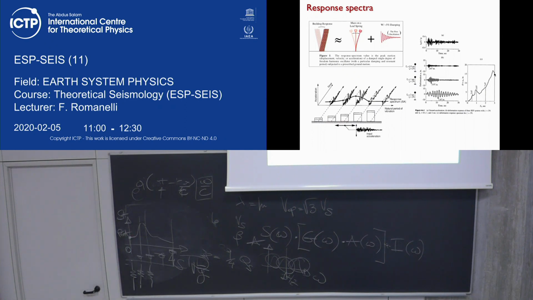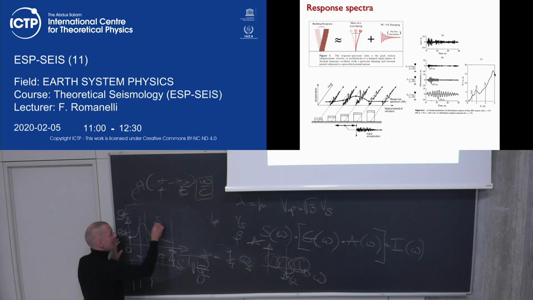So, message to take home. Response spectrum is a way to couple the response of a building in its simplest fashion, as a single degree of freedom, to the ground motion acceleration, plotting the maximum. Here you can read PGA.